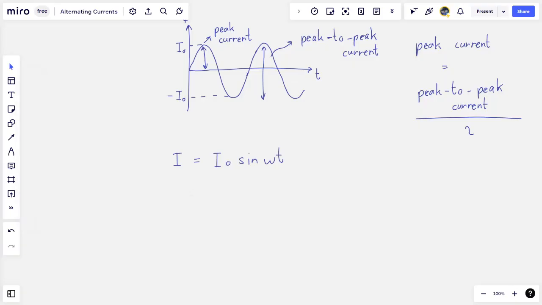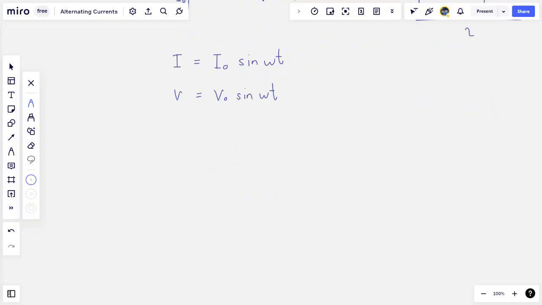It turns out that the voltage is also oscillating, and so we can write the voltage as a function of time as V equals V naught sine omega t. So I have two equations here that describe how the current changes with time and how the voltage changes with time. It turns out they both oscillate. Who would have thought? But moving the electrons back and forth has a very significant outcome for the current and the voltage.